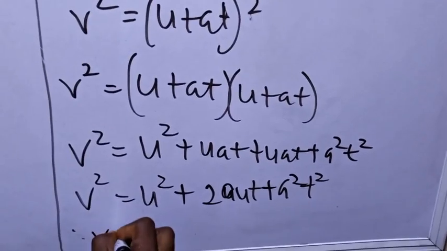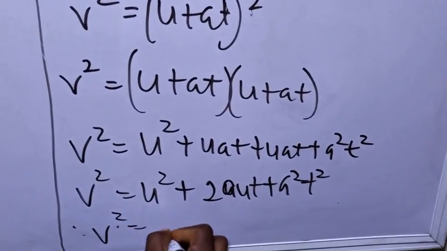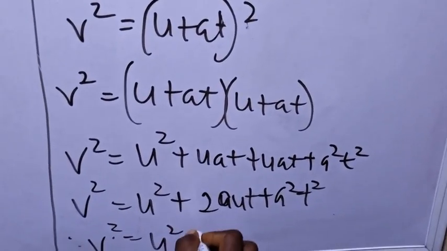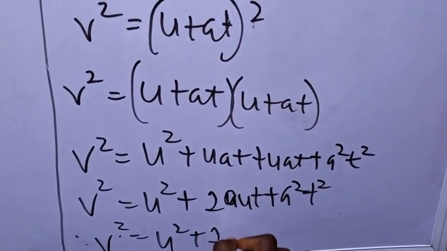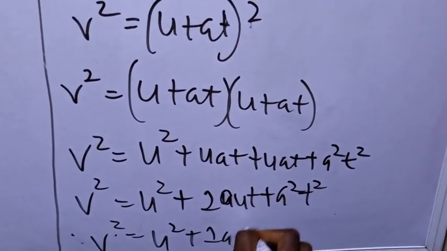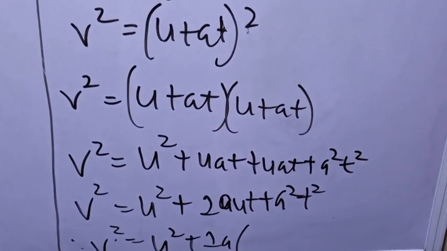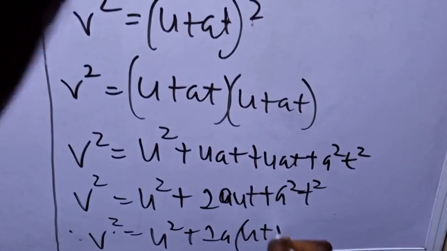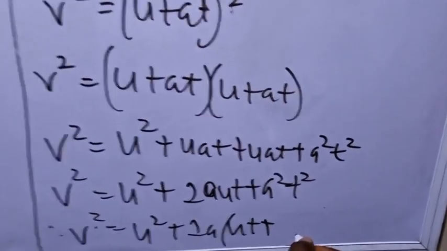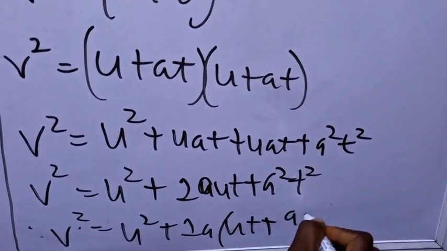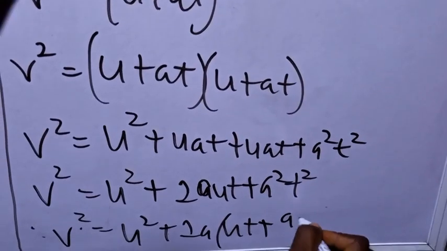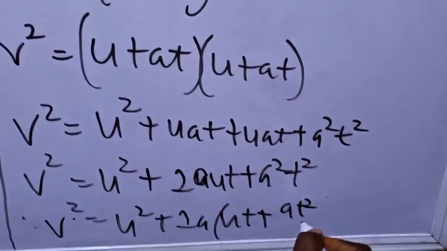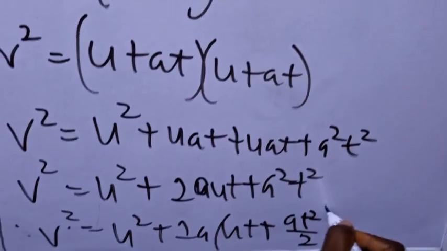Therefore, v square is equal to u square plus 2a into ut plus at square over 2.